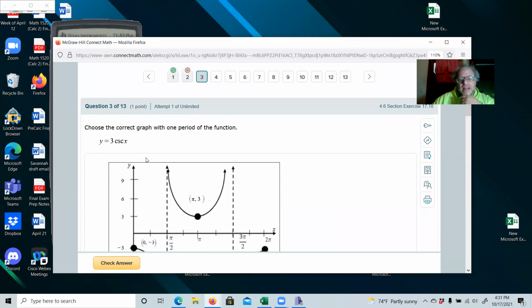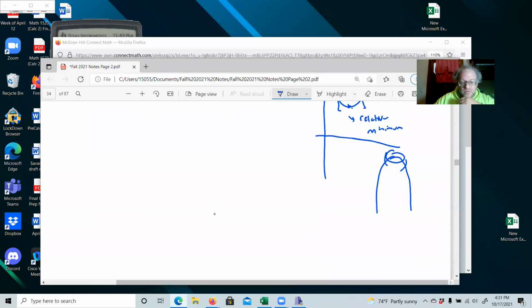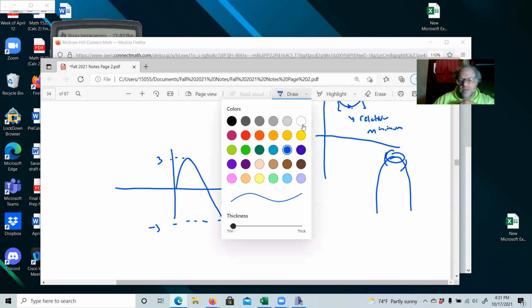Okay, it's cosecant. What does cosecant look like? It looks a lot like sine. So here's 3. Here's -3. Here's my 2 pi. Let's go ahead and make little colors here.